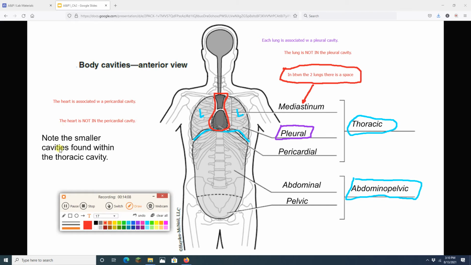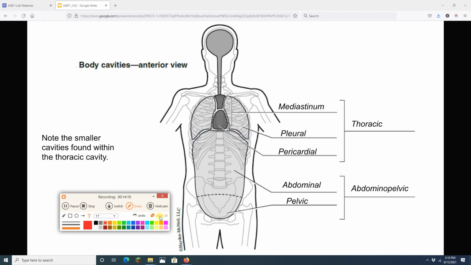All right, so let's backtrack for a second here. We had the dorsal body cavity up top here. I'm going to put a D right here, dorsal. Then we can break those down. We've got the cranial cavity and the vertebral cavity.